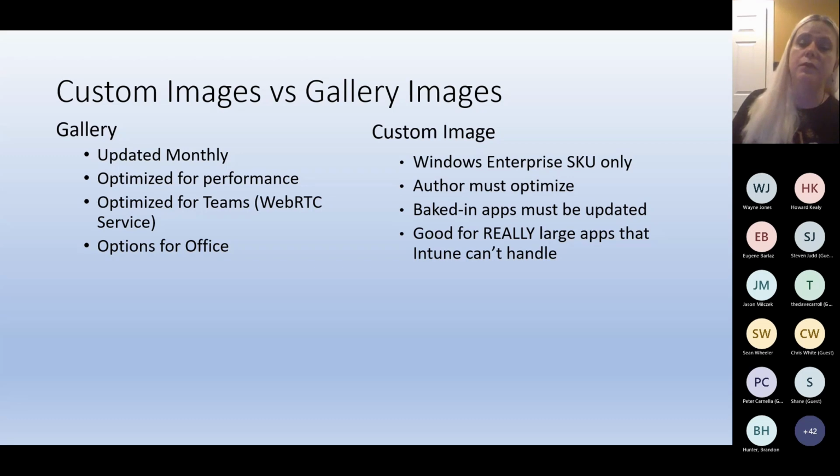You can also choose to do Office or not, which a lot of folks are starting to move to gallery. We do support custom, so you can use a Windows Enterprise SKU, but only Enterprise. You can't cheat and think, I'm just going to reuse my multi-session. It won't accept it.